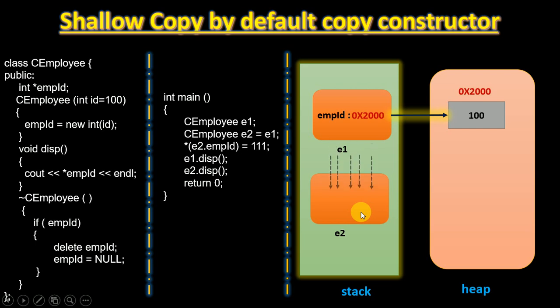So emp id, whose value is 0x2000, the same 0x2000 will be given to e2's emp id. Since emp id is a pointer, it is also pointing to the same memory location.